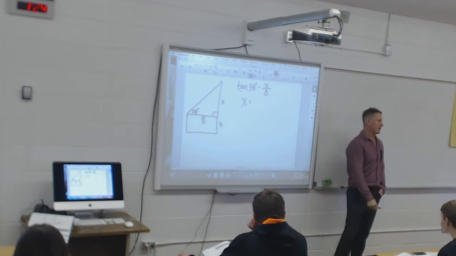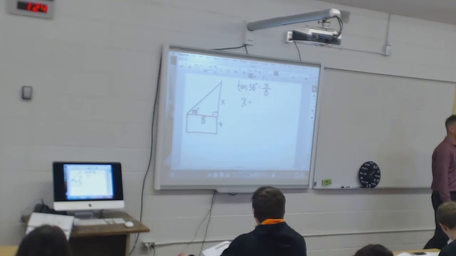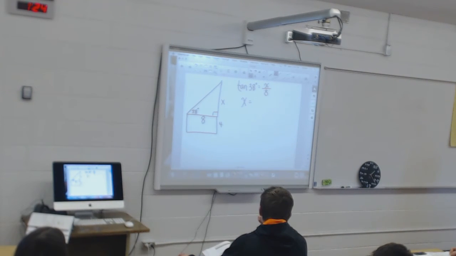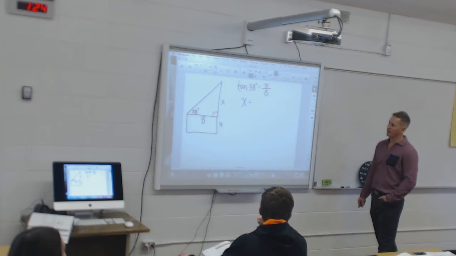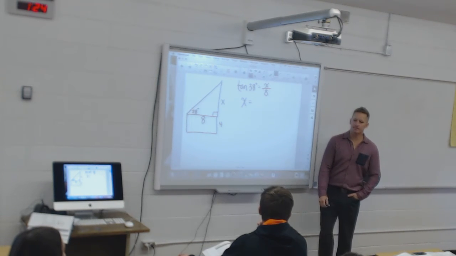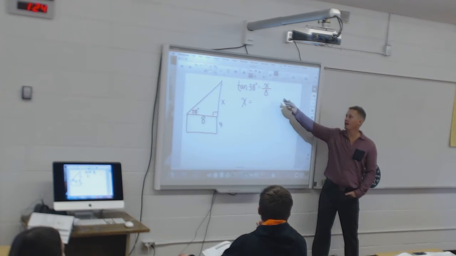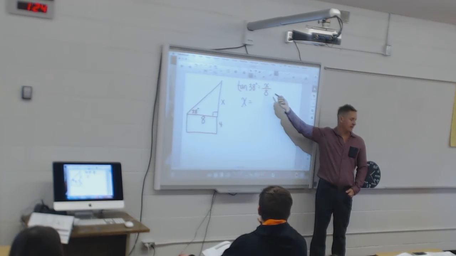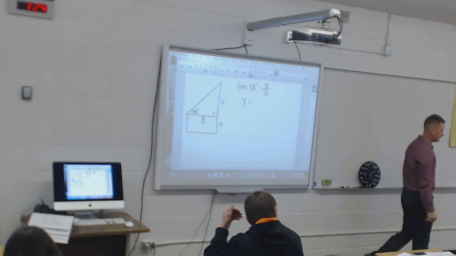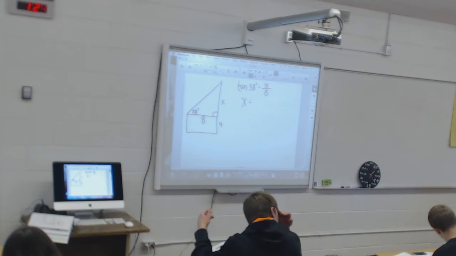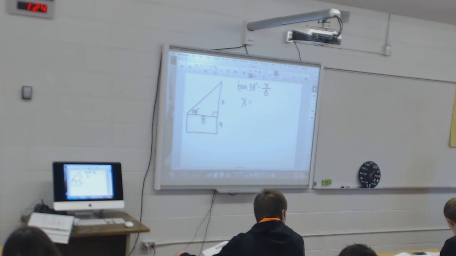How do I solve this now? How do I get x by itself? Multiply by 8. Right now I am dividing by 8, so if I divide by another 8, it's going to stay. I have to do the opposite, which is multiply. I can look at this in two ways.